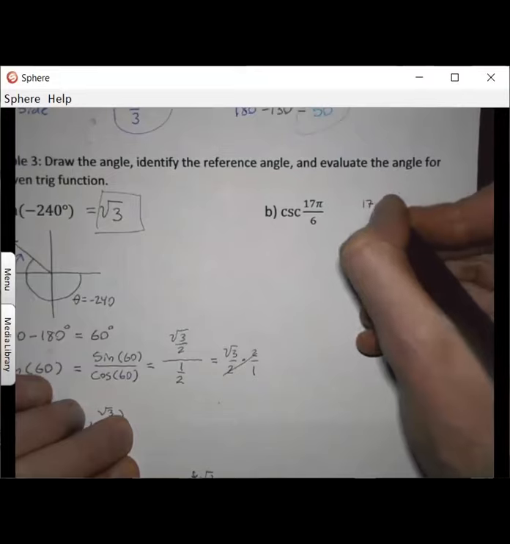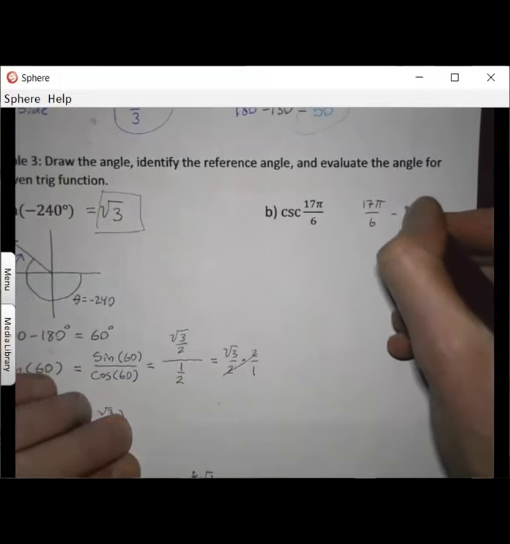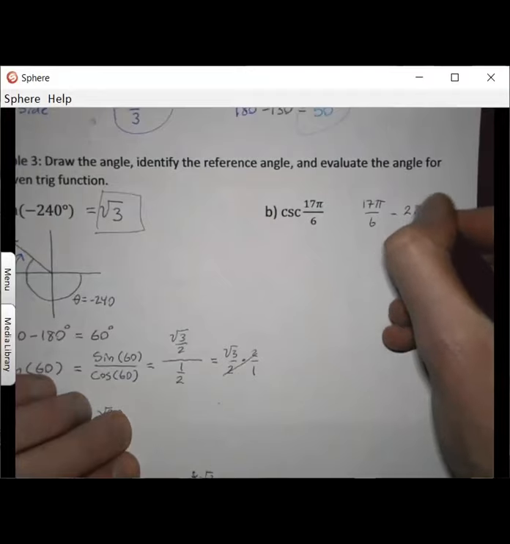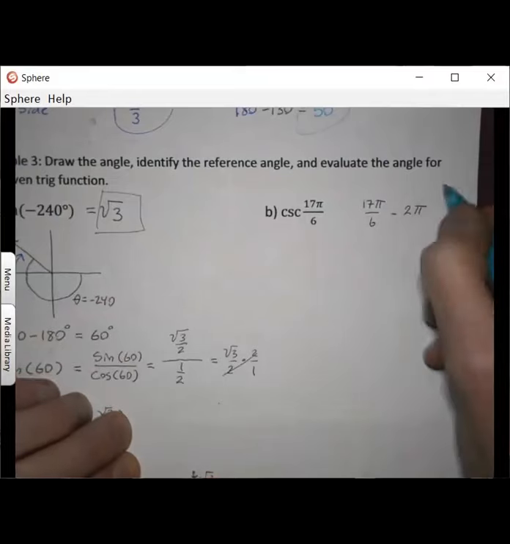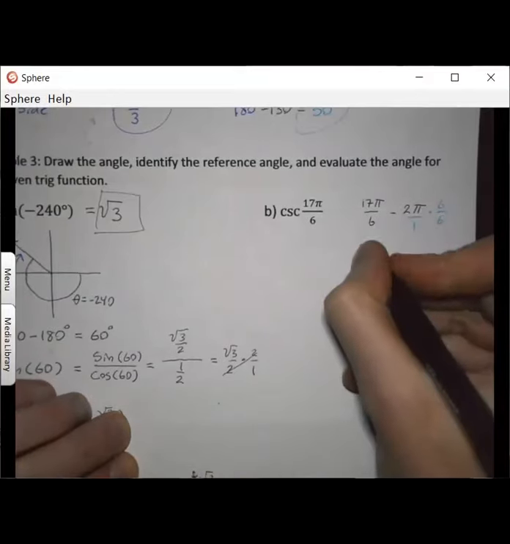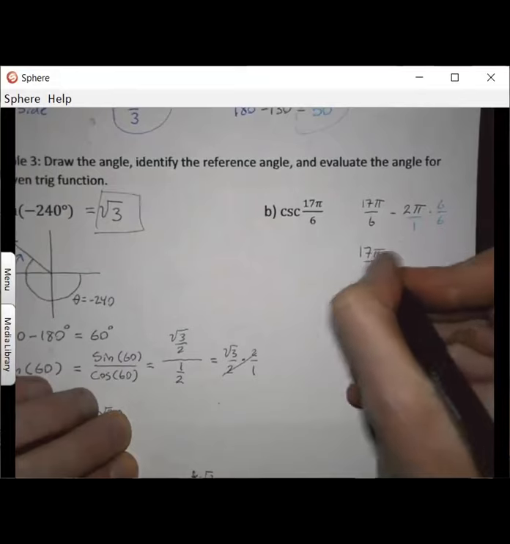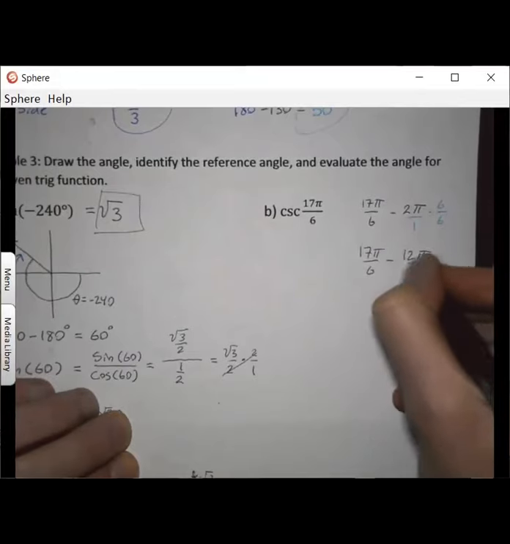So 17 pi over 6, again, take away 2 pi. So we want a common denominator, so multiply this by 6 over 6. So 17 pi over 6 minus 6 times 2 is 12 pi over 6.